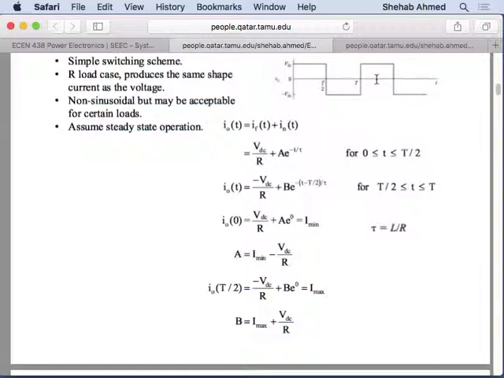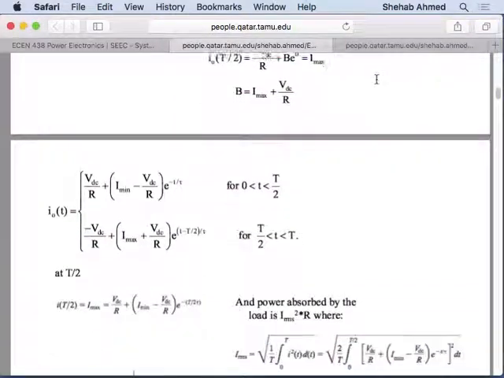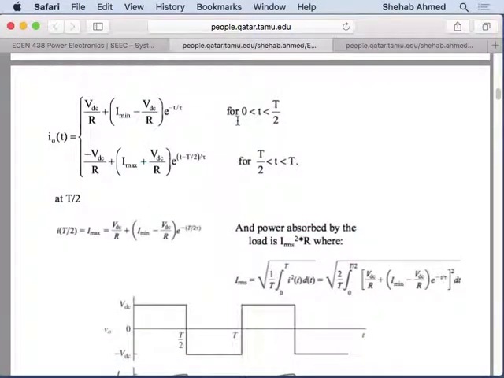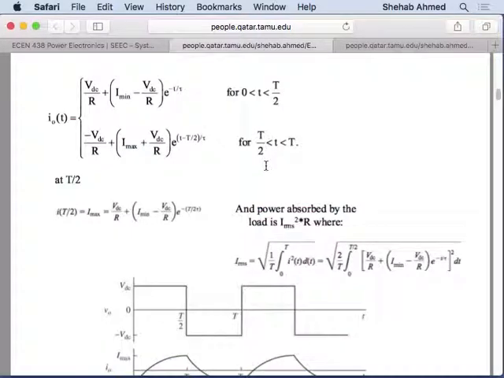If you have the voltage waveform and you have your impedance, RL as an impedance, you can use your voltage harmonics divided by your impedance at each harmonic and find the current at each harmonic, right? Which is something similar to what we did before. So this is the equation for current from 0 to T over 2 and from T over 2 to T. That's fine.